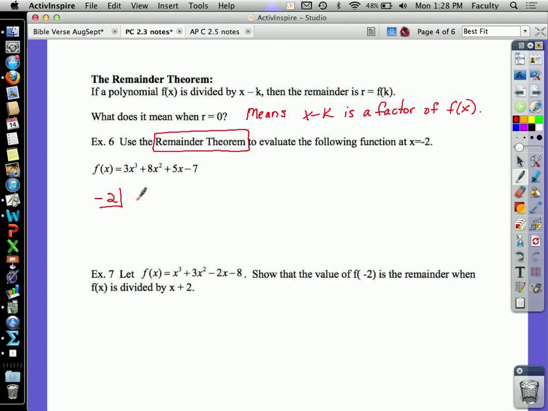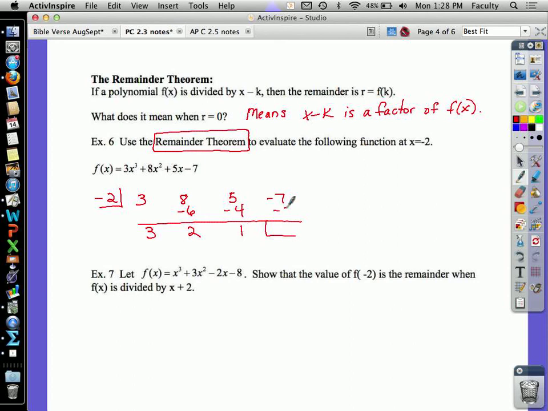So if x is negative 2, to demonstrate that you understand the remainder theorem, you want to do synthetic division and show that the remainder is equal to f of negative 2. Okay? So let's do the synthetic division. I bring down the 3. Negative 2 times 3 is negative 6. Add the column. Negative 2 times 2 is negative 4.